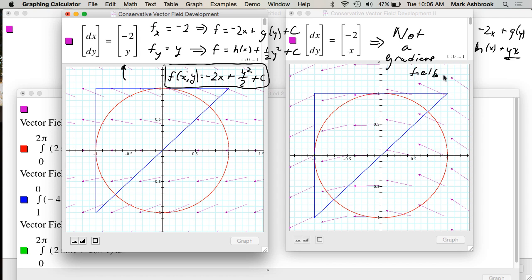So what we're seeing is a very important principle about gradient fields. And the important principle about gradient fields is that all closed loops are zero. And so this is the quality called, that gradient fields are called conservative.